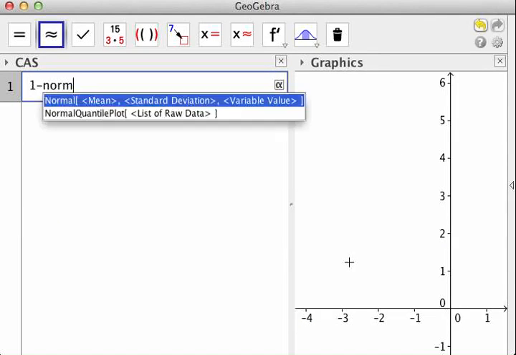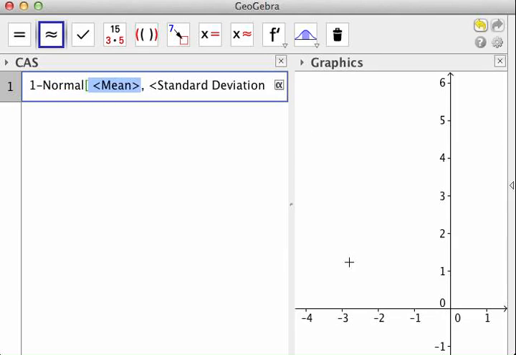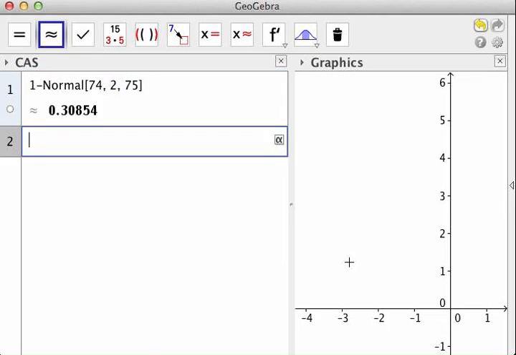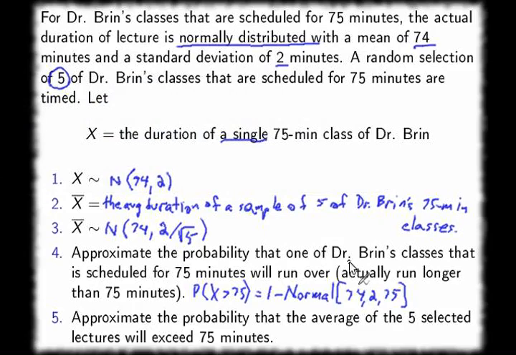One minus normal, mean of 74, standard deviation 2, variable value 75. And we get 0.30854.